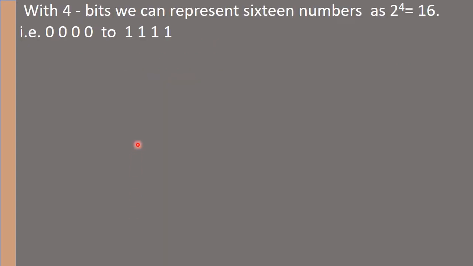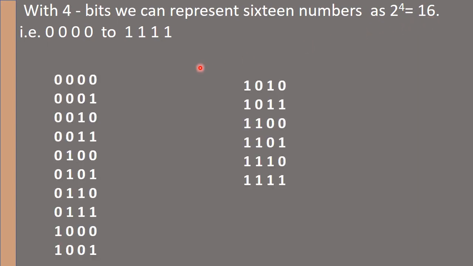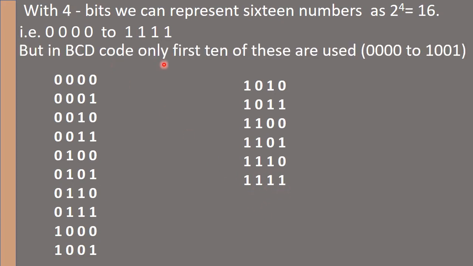In BCD, each decimal digit is coded in 4 bits of binary. We know that with 4 bits, we can represent 16 different numbers because 2 raised to 4 is equal to 16. The 16 numbers that can be represented are 0000, 0001 up to 1111. But in BCD code, out of these 16 numbers, only the first 10 numbers are used. That is, the numbers from 0000 to 1001 are used.